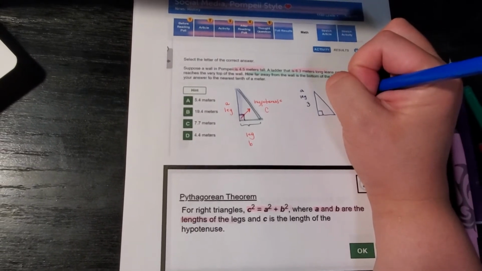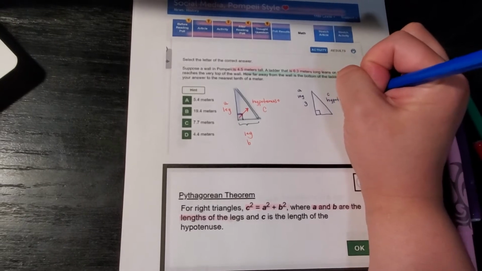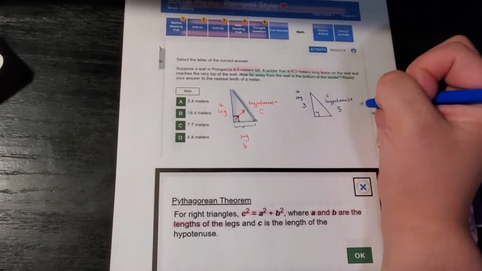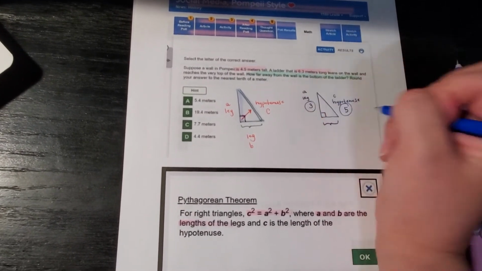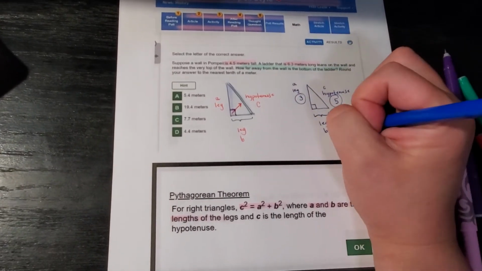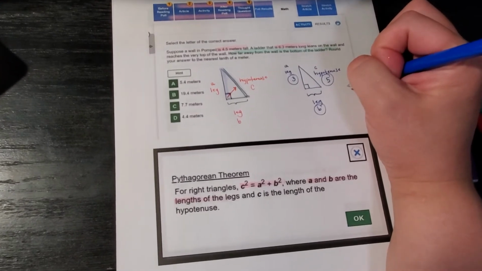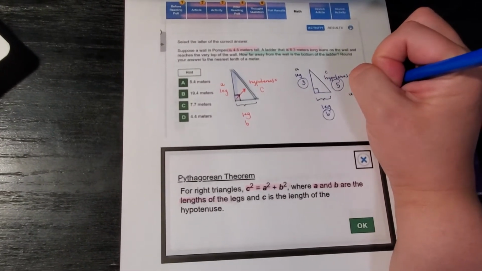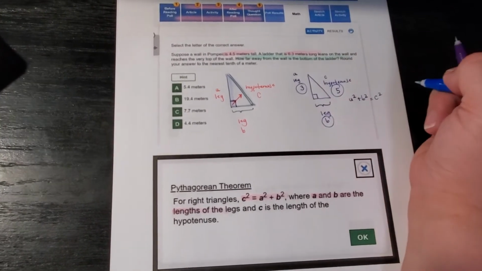The length of C, or the hypotenuse, if I'm given that that's 5, and they asked me to find what's this missing leg, or B. And so I can use the same formula. I can say A squared plus B squared equals C squared.